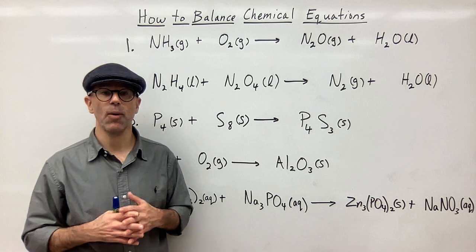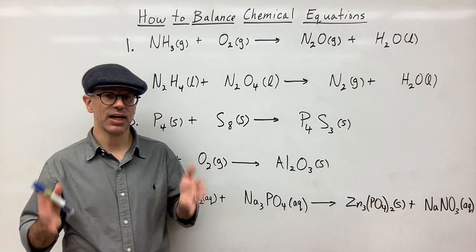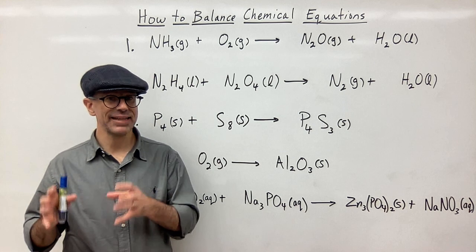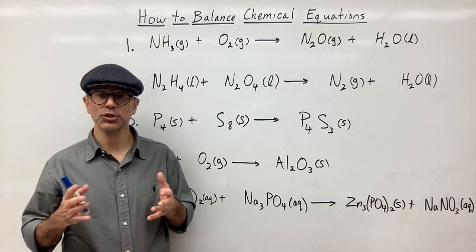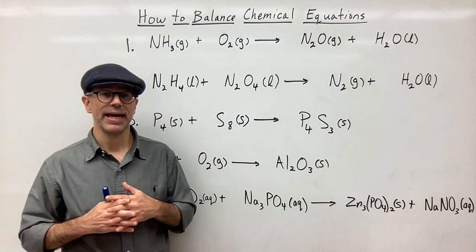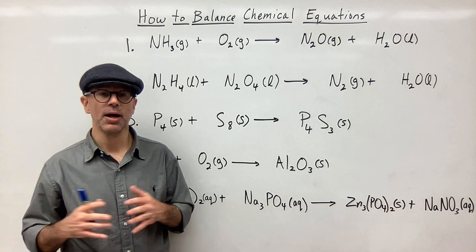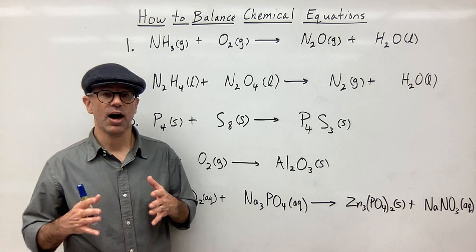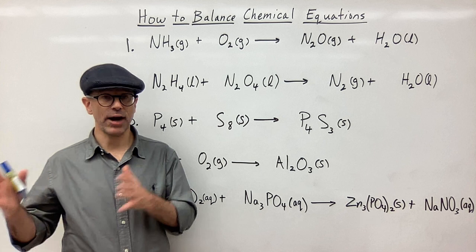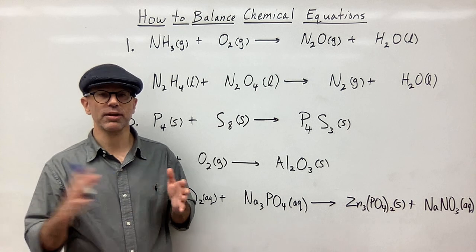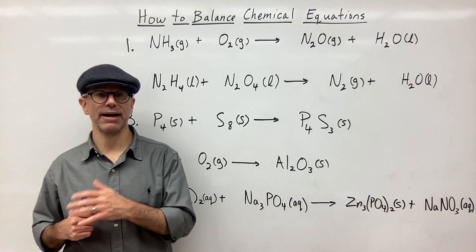And then when you balance the last element, especially if it's an element that is by itself, look to balance with a fraction. You don't have to balance with a fraction all the time, but in some cases it will be helpful, because then you can get rid of the fraction by multiplying by a factor.